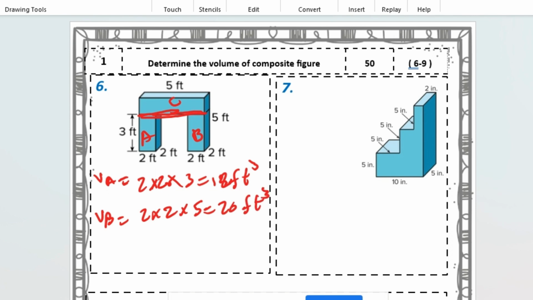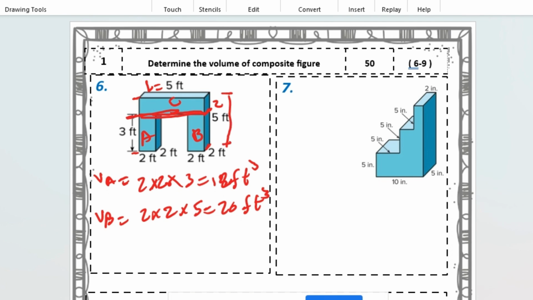And lastly, this one, we know that the length is 5 here, L equals 5. We want to know the W. The W is the same as this W here, which is 2. And the height, how much is the height? This height we want to find from here to here. We know that from here to here is 3, and this whole thing is 5.